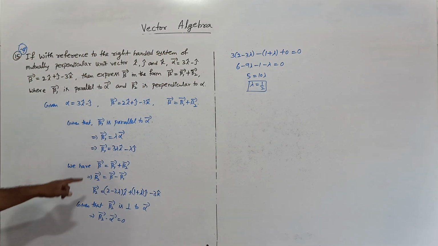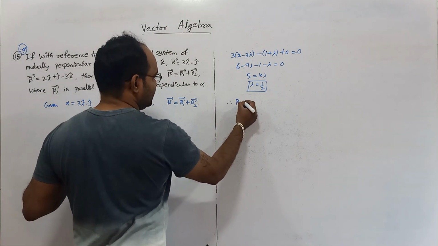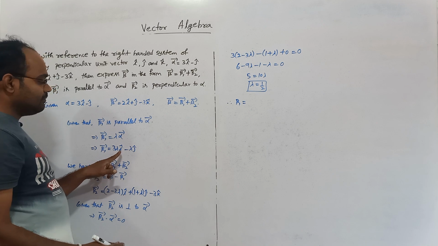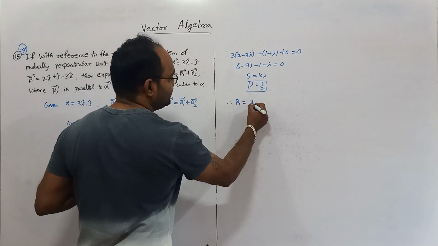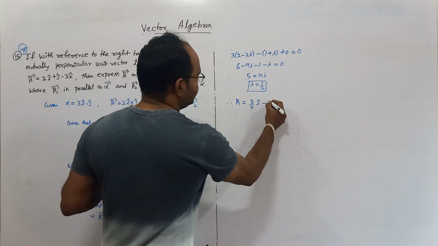Substitute in beta 1. Therefore beta 1 will be 3 lambda i hat, that is 3 by 2 i hat, lambda is 1 by 2, minus 1 by 2 j hat.